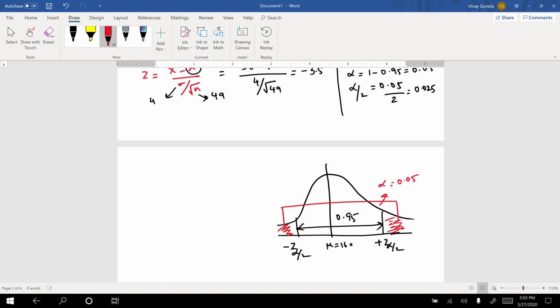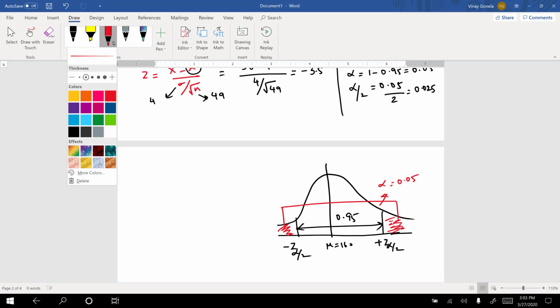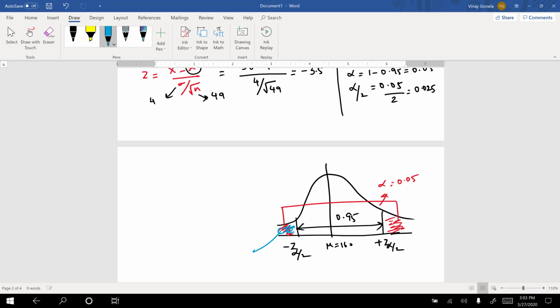So each of these areas would be 0.025, that is alpha over 2. Since this is a two-tail problem, alpha is split between the two ends. So that's the main idea.